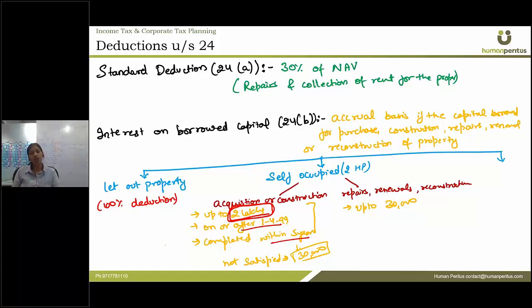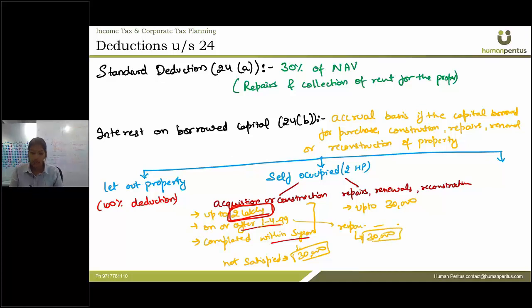If these conditions are not satisfied, then he can claim only up to 30,000. Or the loan was taken on or after 1st April, but if it was for repairs, renewals and reconstruction, again he can only claim 30,000.